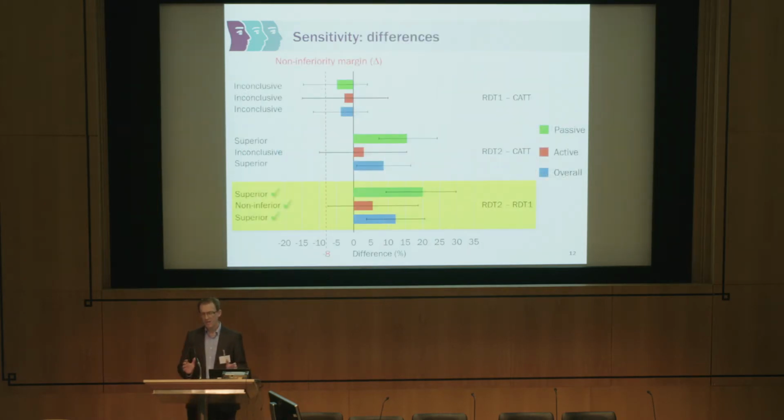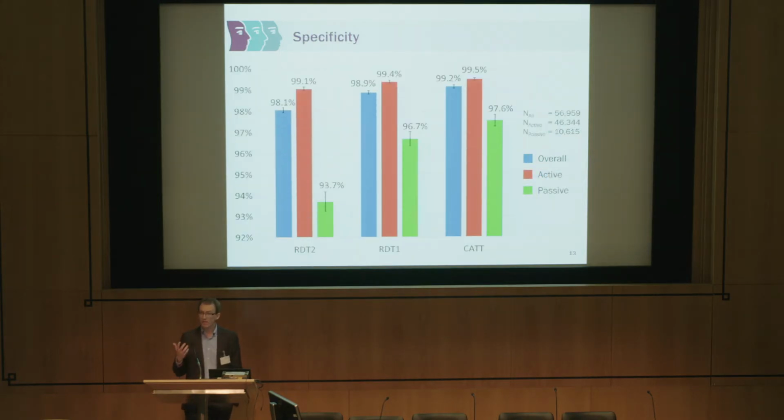So more specifically, looking at the differences, since this was the goal of our study and looking at non-inferiority, we were able to demonstrate that RDT2 was not inferior to RDT1. Regarding specificity now, results were quite good, with RDT2 around 98% compared to RDT1 at close to 99%, and CAT roughly in the same range.